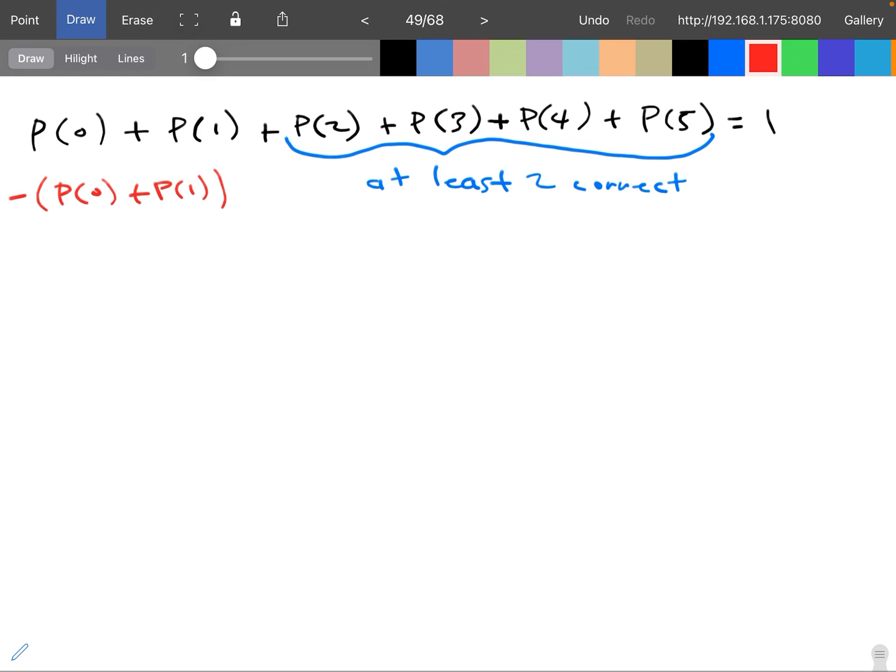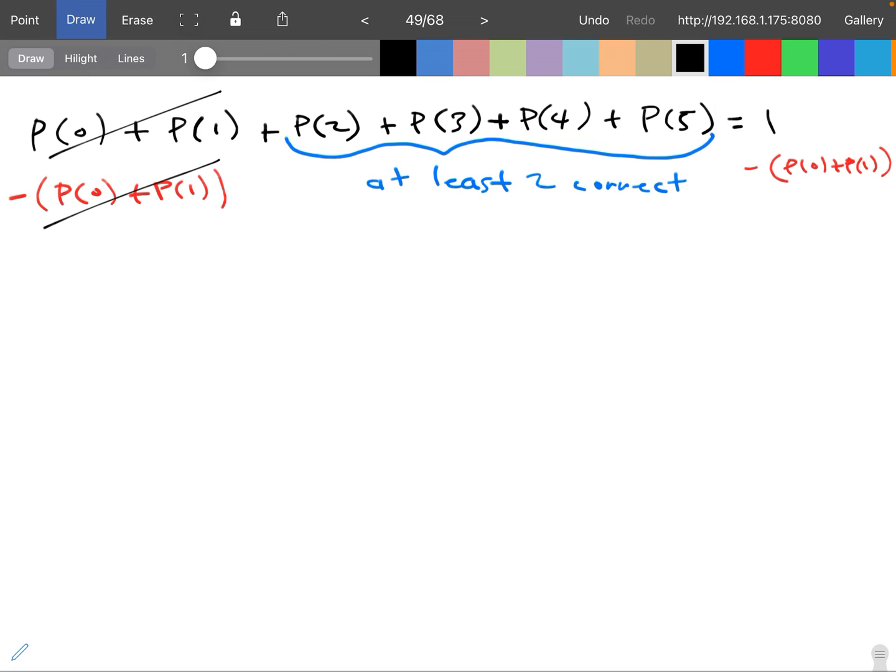And on the other side of my equation over here, I'm also going to subtract that, the probability of getting 0 correct or the probability of getting 1 correct. Hopefully you can read that over there. And then these guys are going to cancel out over here.